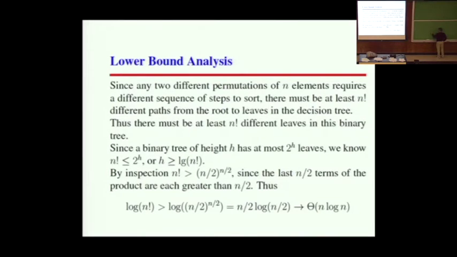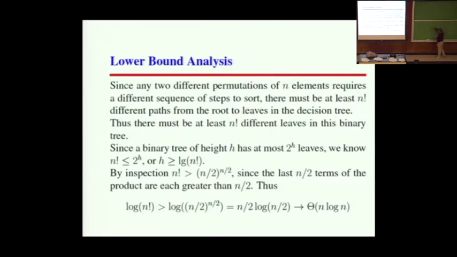The answer is yes, because if I take the numbers 1 through n versus n over 2, n over 2, n over 2, the product of these n over 2 numbers in n factorial are all bigger than n over 2. Does everybody see that? And so it's clear it's between this. What was the log of n to the n? You told me that was n log n, right?